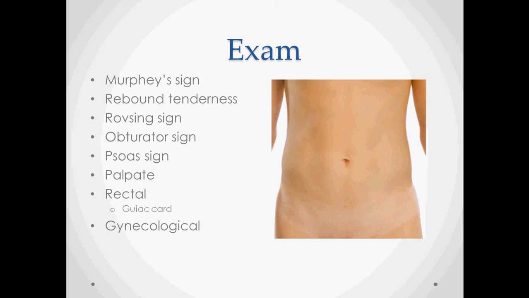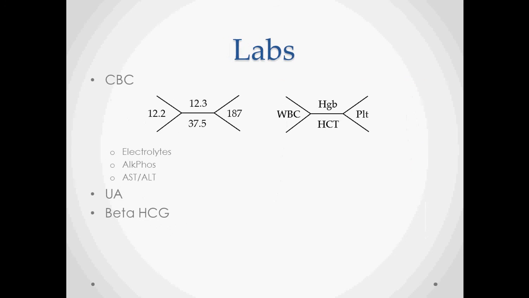They also can have some diagnostic value in determining where the appendix is sitting. Palpation, rectal exam, Guaiac card for occult blood, and a gynecological exam are all important in examining these patients.